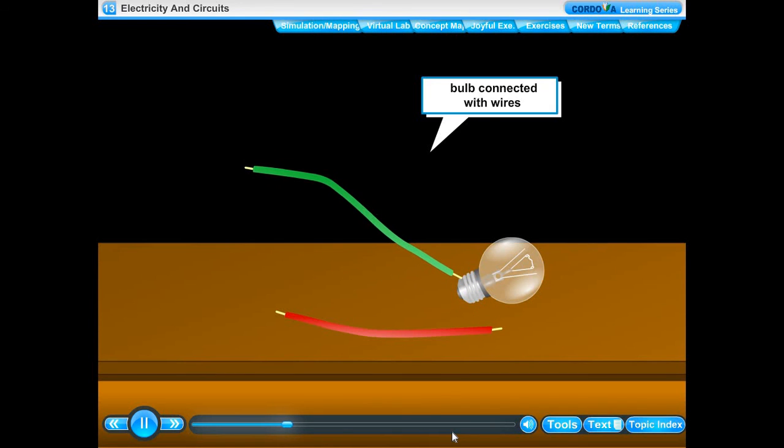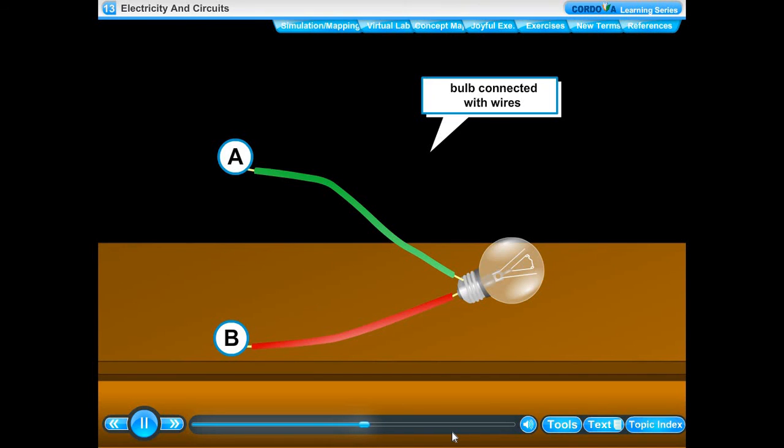Fix one end of an exposed copper wire with a plastic tape to the metal case at the side of the bulb. See position A in the figure. Another exposed copper wire is fixed to the metal tip at the center of the base of the bulb as shown at position B in the figure, with the help of another plastic tape.